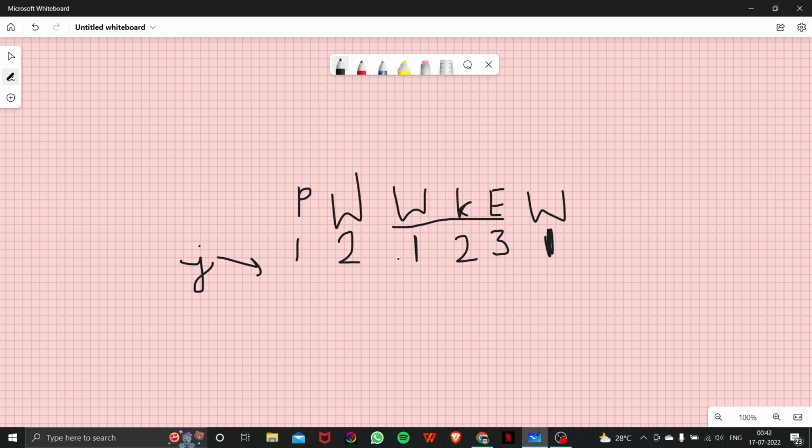Suppose this letter and this letter are the same. So what we did here is we subtracted this index from this index. Its index was 2, its index was 1, so we got the answer as 1.